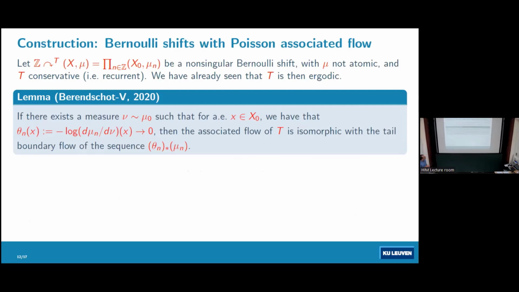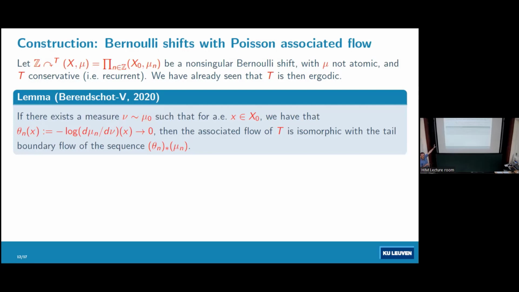There exists a measure mu, equivalent with mu_0, such that pointwise, the logarithm of the Radon-Nikodym derivative will almost everywhere pointwise converge to 0, so the Radon-Nikodym derivative pointwise converging to 1.